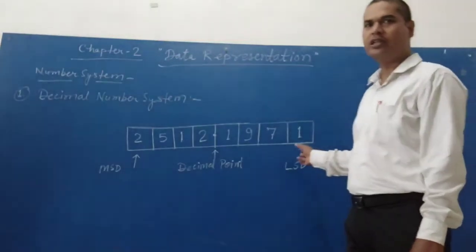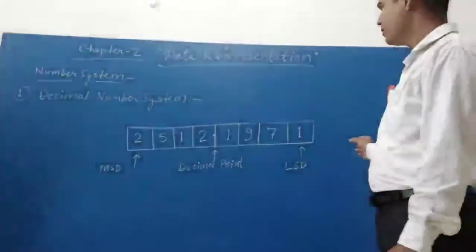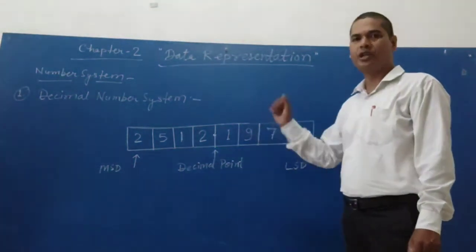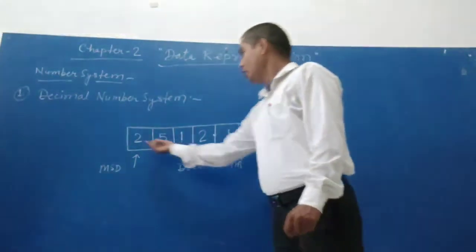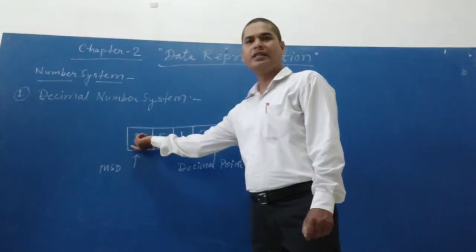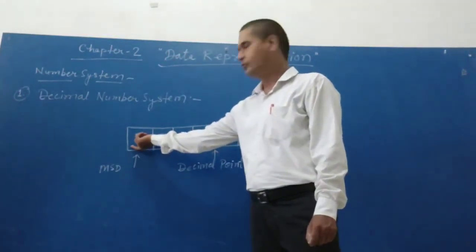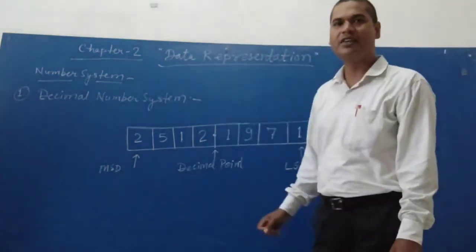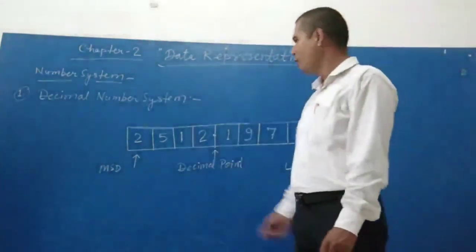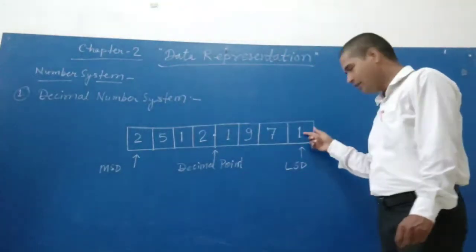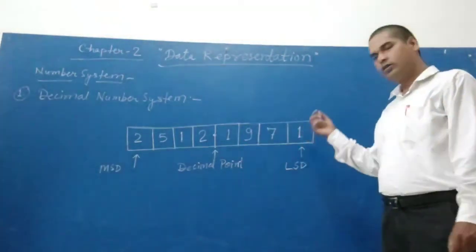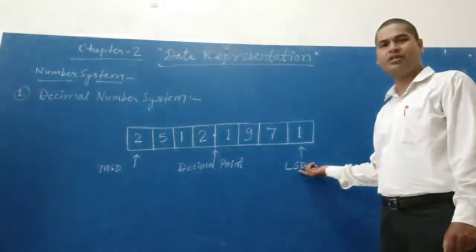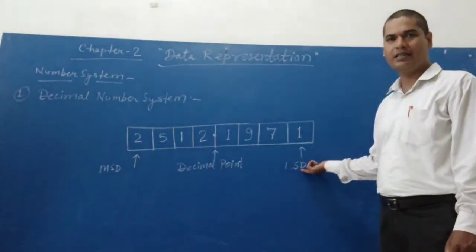We have to represent these numbers on the basis of their positional value. 2 has the highest positional value, that's why it is known as MSD, most significant digit. Whereas this one has the lowest positional value, that's why it is known as LSD, least significant digit.